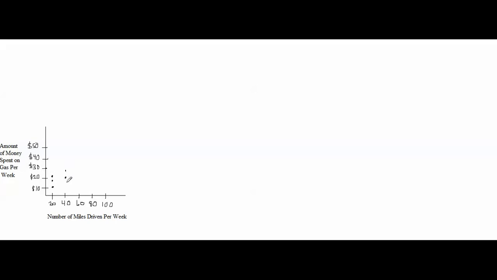And the range that they fall into will be a little bit higher than the range that these people fell into, because these people are driving 20 more miles per week, which means they'll typically be spending more money on gas than these 3 people. So the range is going to be shifted up. Maybe it'll be shifted from here up to here.